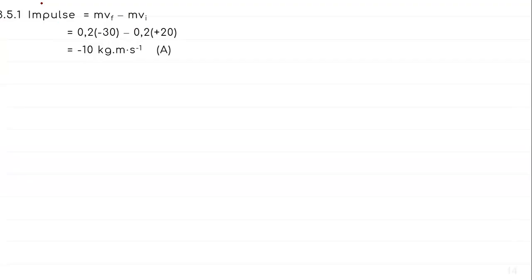When you start your calculation, because we don't give you the formula like this, show us that F net delta T is actually equal to delta P. And after that, you can then say impulse, because we will award you a mark for that formula.